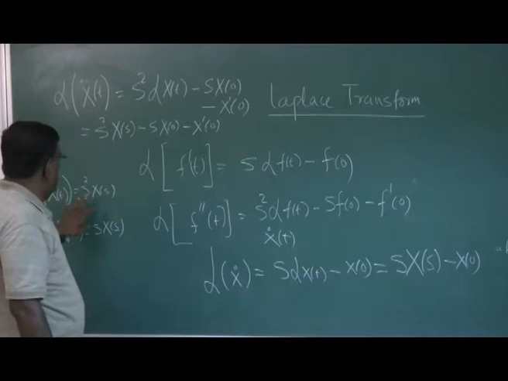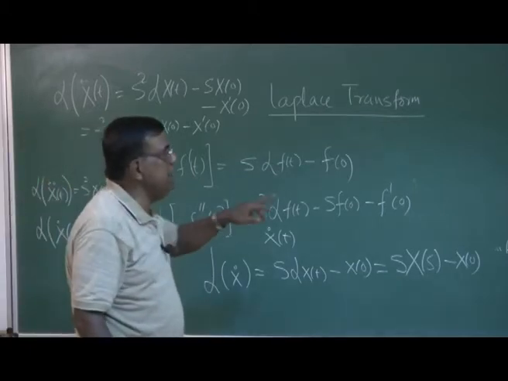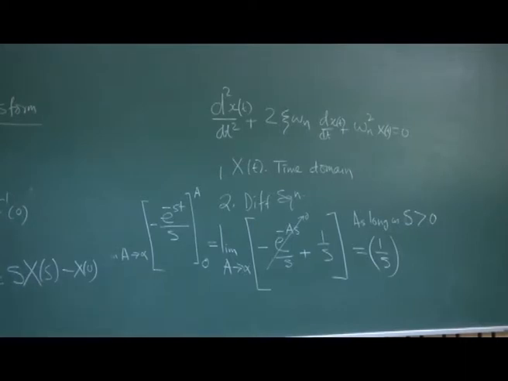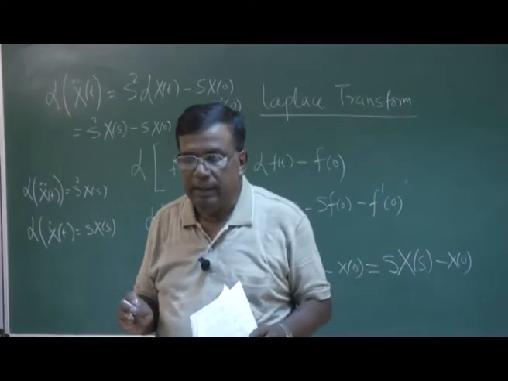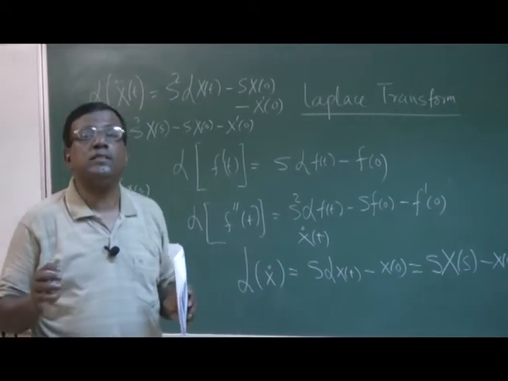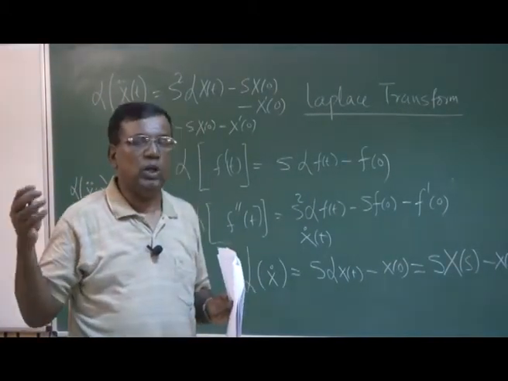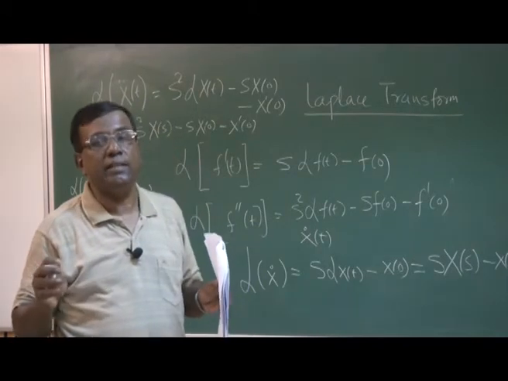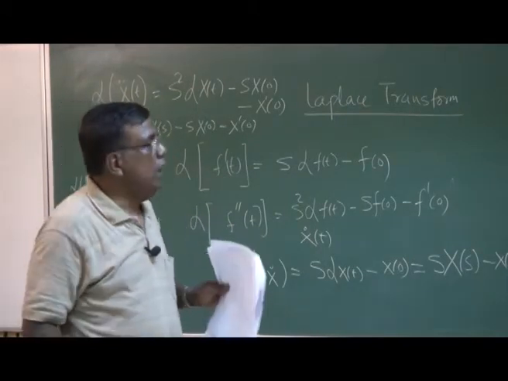Right? See the beauty. If I now apply this understanding to that equation, what happens? Let us try to see that. Now, let us revise. Laplace of x double dot will be s square x of s because I am putting all the initial conditions 0. Laplace of x dot t will be s x of s. Clear? So now come here.